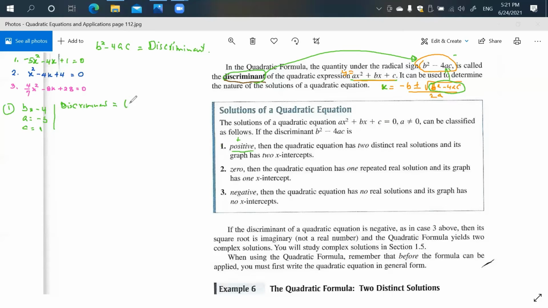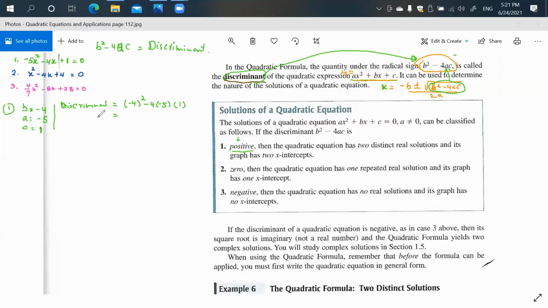So b is negative 4, so it becomes negative 4 to the power 2, minus 4 times a. A is negative 5, and c is 1. Here c is plus 1. So you replace it, and then you simplify.